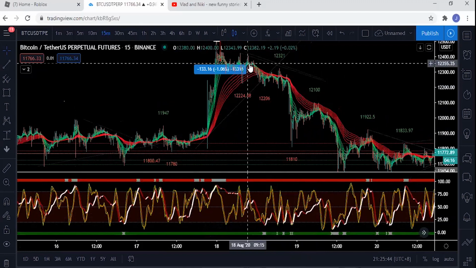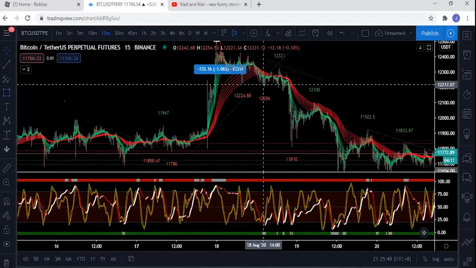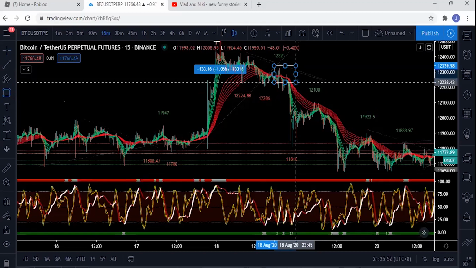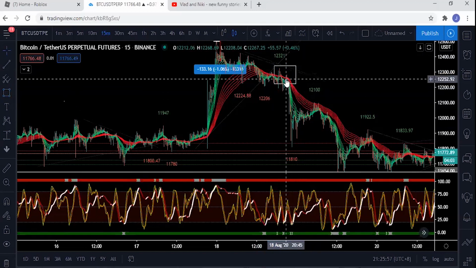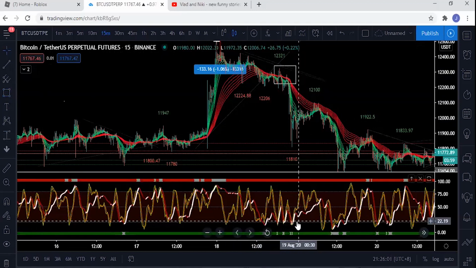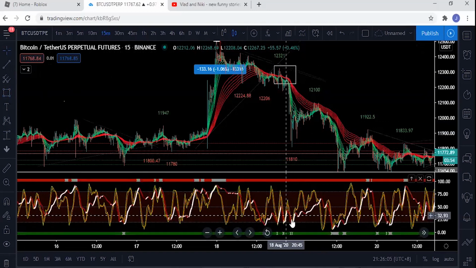So from here, for example, here you enter here. This is the example of a perfect entry here. Okay, here you enter here, and then it is already in our oversold area, so you can already exit here.